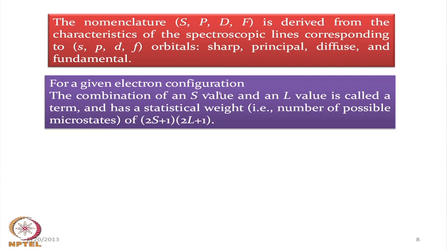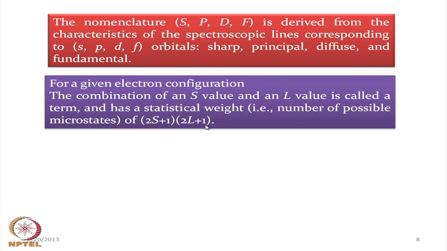So, for a given electronic configuration, the combination of an S value and an L value is called a term. So, we can have a particular term which has one particular S value and one particular L value and has a statistical weight, that is the number of possible microstates, and the number of possible microstates is known from 2S plus 1 into 2L plus 1.